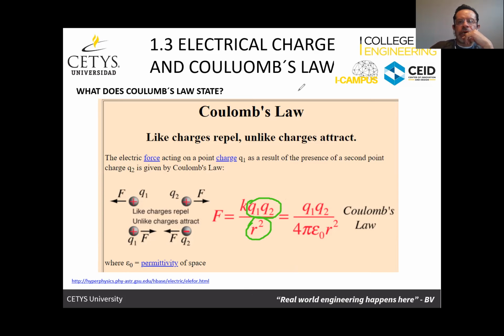And there's a constant here that relates this proportionality, called K, that has to do with the material or the environment where the charged particles are located. Okay. And we're going to be discussing this and doing some problems in the next few sessions.